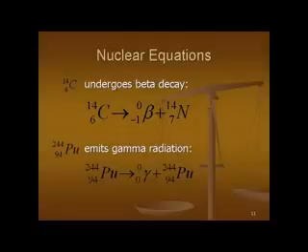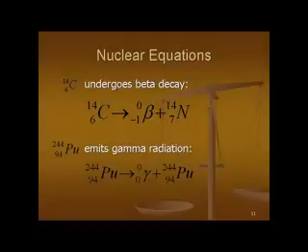If you're wondering how nitrogen has 7 protons when carbon started out with 6 protons, it's because one of carbon's neutrons ejected the beta particle, or electron, and that neutron then changed into a proton. So that's where nitrogen got its 7th proton from.